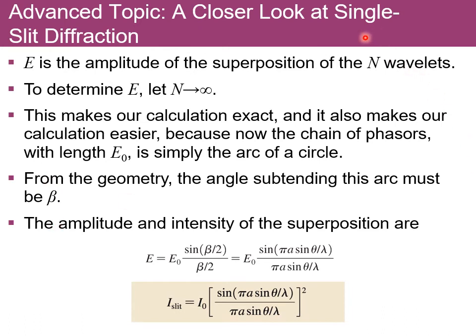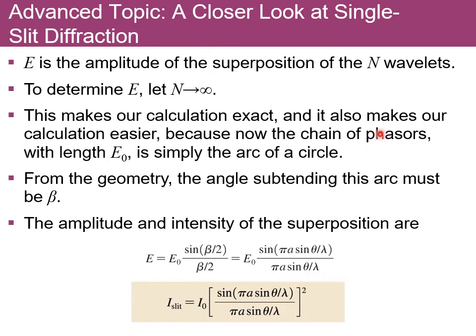The amplitude of the superposition is E naught times sine of pi a sine theta over lambda divided by pi a sine theta over lambda.